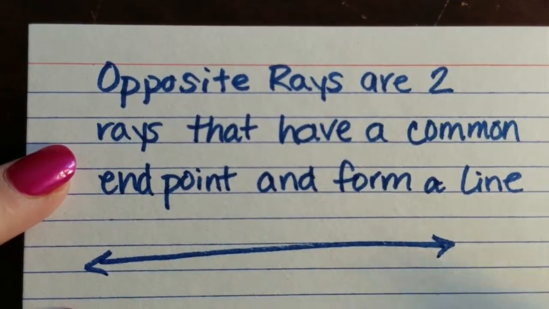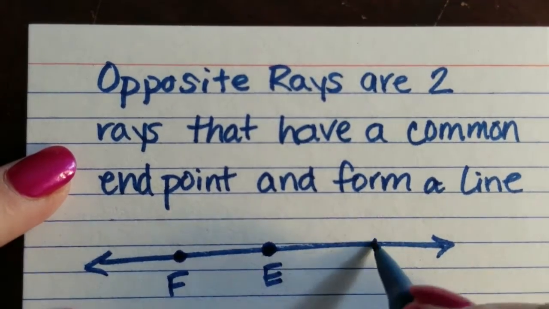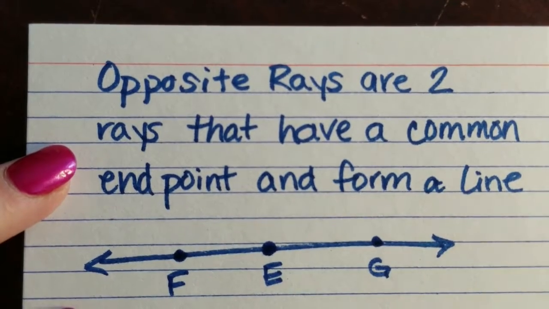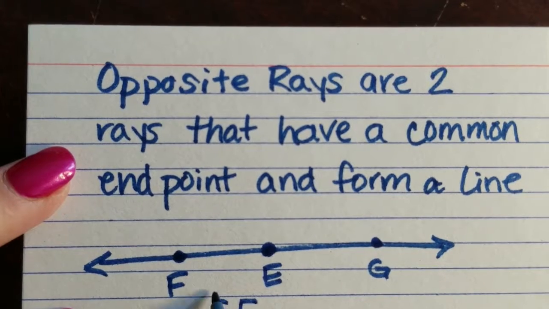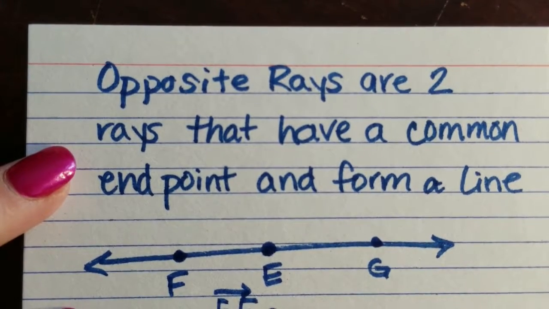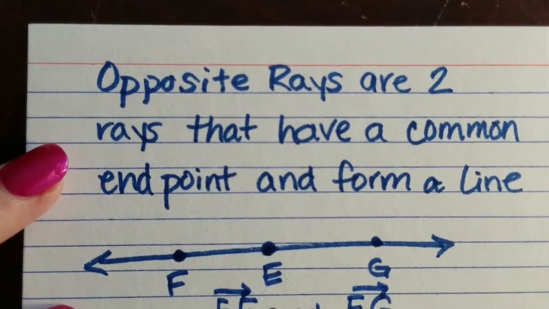So if I have a line here and I have 3 points, F, E, and G. The opposite rays would be EF and EG. Those are opposite rays.